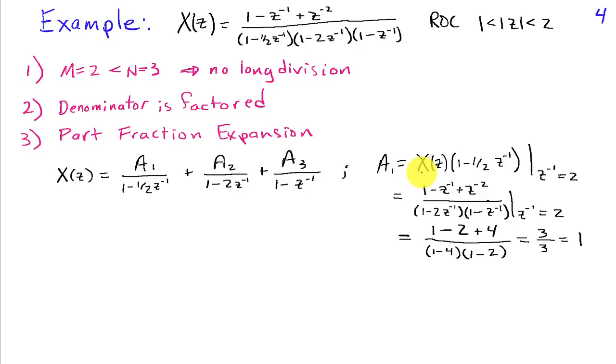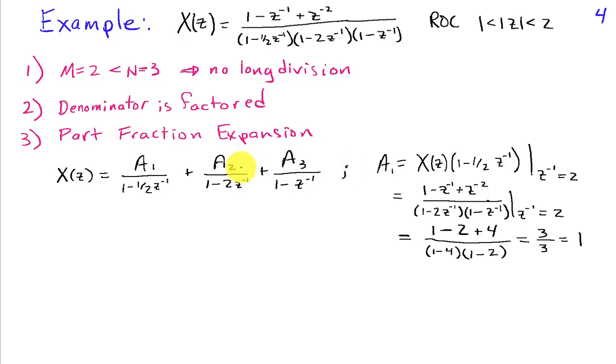If I take X(z) and I multiply by the denominator involving A1, in other words 1 - 1/2 z^-1, and I evaluate at values of z where this factor that I multiplied by goes to 0, then I'll isolate A1. Because when I multiply by this term, I have it on the left times X(z), and then on the right, I have A2 times (1 - 1/2 z^-1) and A3 times (1 - 1/2 z^-1).